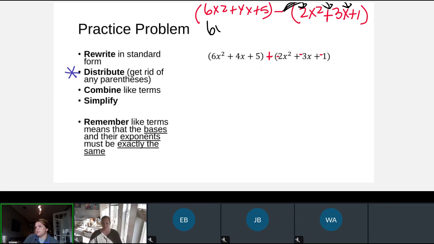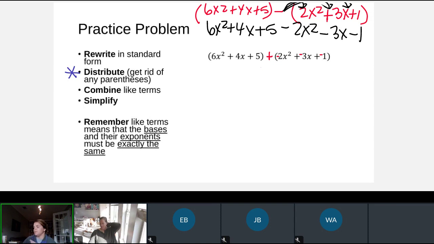So then you could write 6x squared plus 4x plus 5 minus 2x squared minus 3x minus 1. Some of you don't mind to have the plus negative 1. That makes sense to you. It's faster. That's fine. If you are someone that likes to have the minus signs there, I would suggest rewriting it. So you can do it either way.